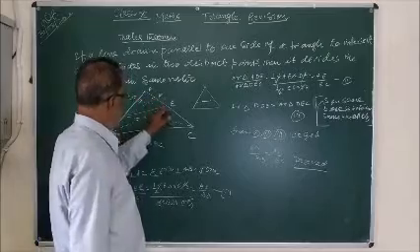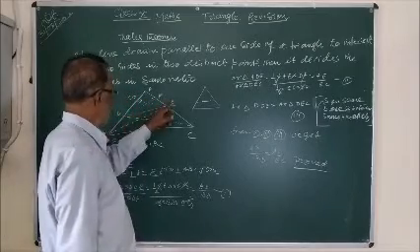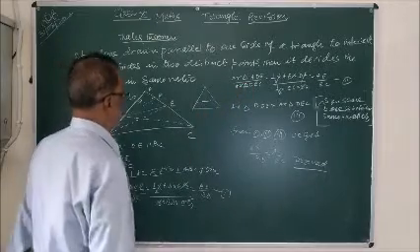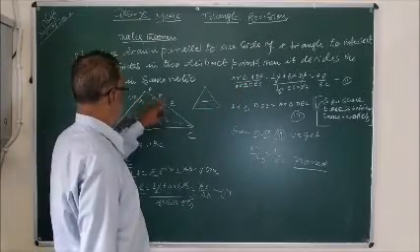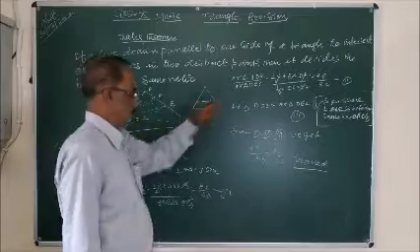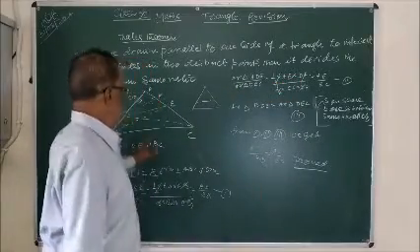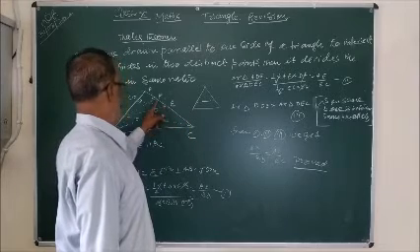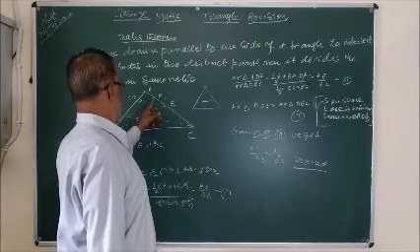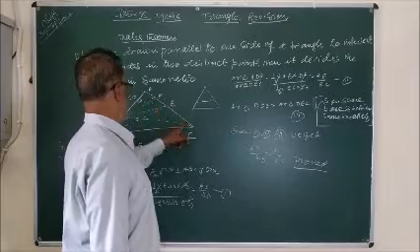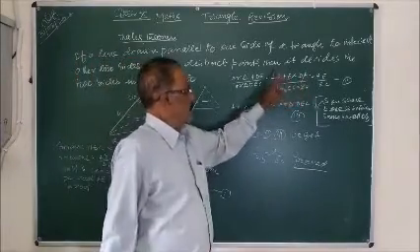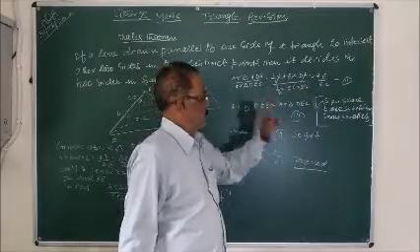So in triangles ADE and DEC, half into base into height, half into base AE and DF perpendicular. And for this triangle, half into base EC and ditto. In previous case, DF is the perpendicular for this triangle. So DF cancels, half cancels, AE by EC.